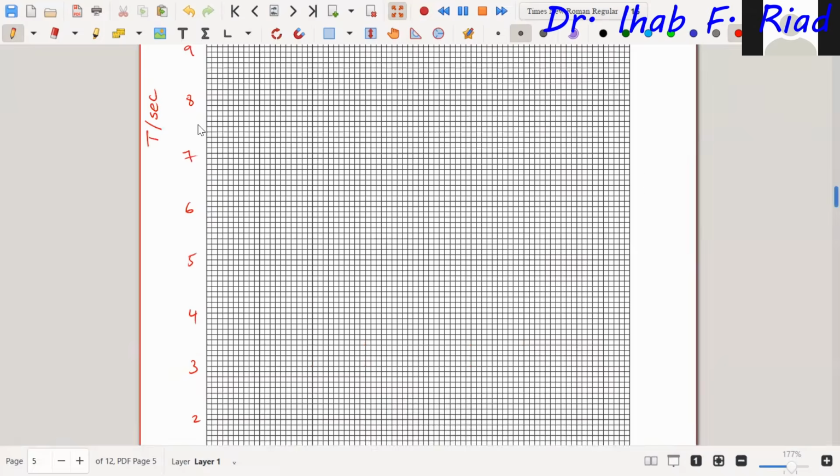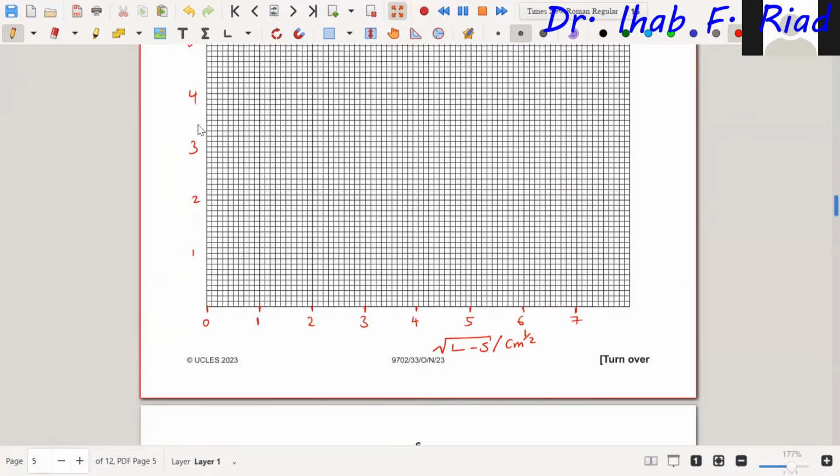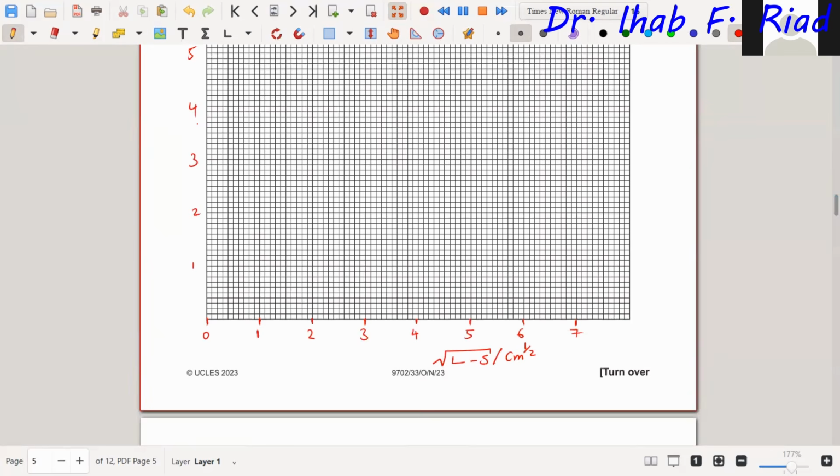So remember what are the values we have for the x-axis? 2.82 and 6.3. So where is 2.82? It is something like here, right? Yes. Okay. And where is 6.3? It is something like here. Right?